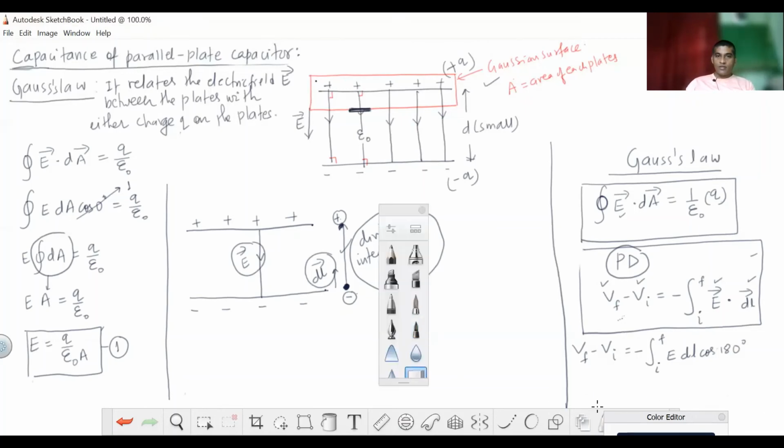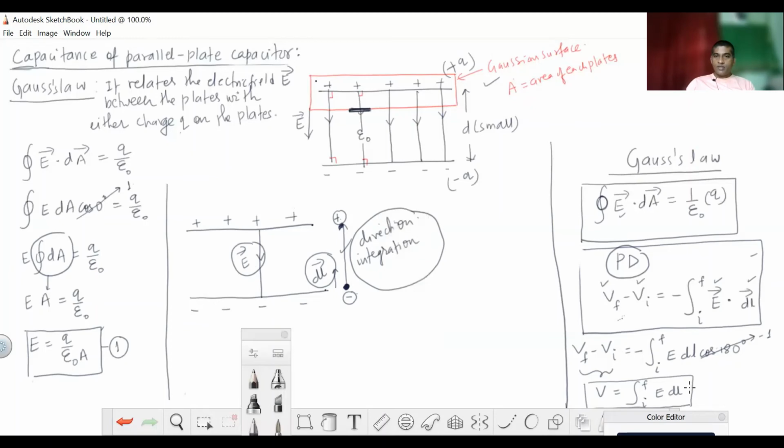The potential difference V equals, since cos 180 degrees is minus 1, we get the integration from initial to final, E dl.